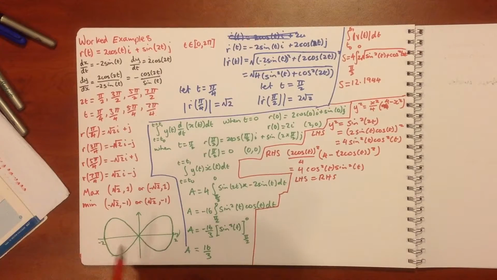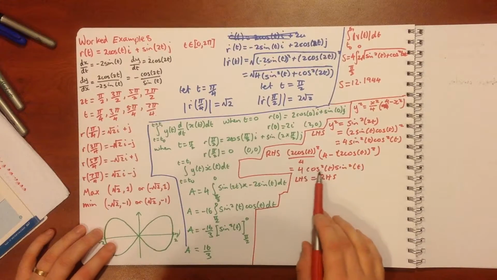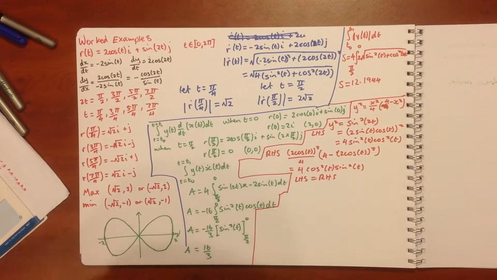That's how we get our sine squared here. Our 4, taken out as a common factor, is the 4 here, and our cos squared is what we're left with up there.